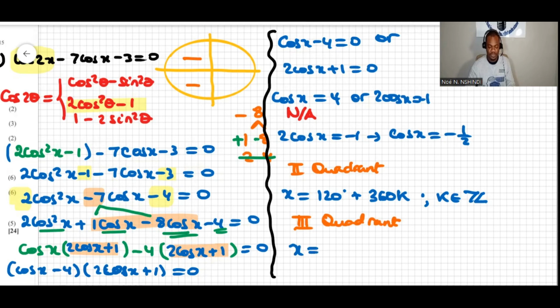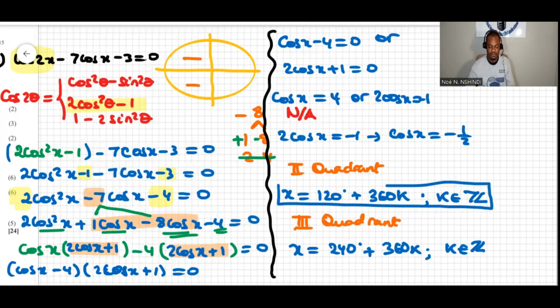So this x will be equal to 240 degrees plus 360k, and k is still an integer. So these are the general solutions. This one, and that one.